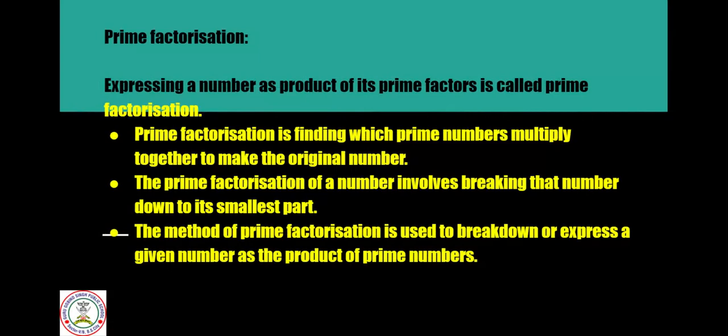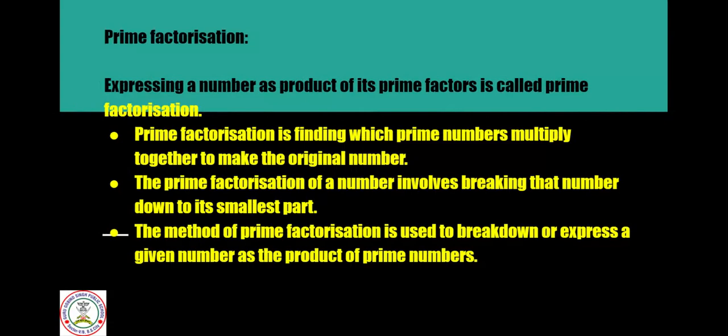Now we will learn about prime factorization. Expressing a number as a product of its prime factors is called prime factorization. Prime factorization is finding which prime numbers multiplying together make the original number.